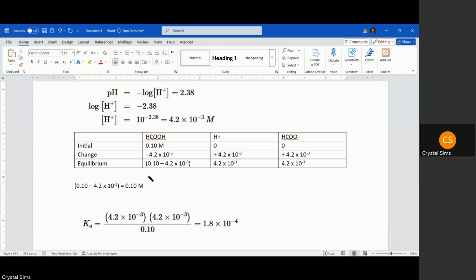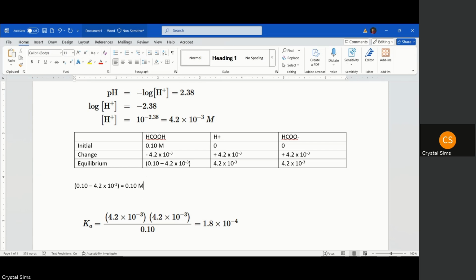But looking at this and knowing the amount was so small, we still end up with an appropriate value for Ka. As you do more of these, it'll start to make sense when can I just say, well, this amount doesn't matter and I can just get rid of it and use the initial. And when does it matter? When do I have to actually use it?